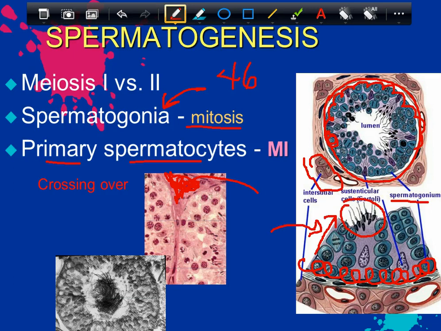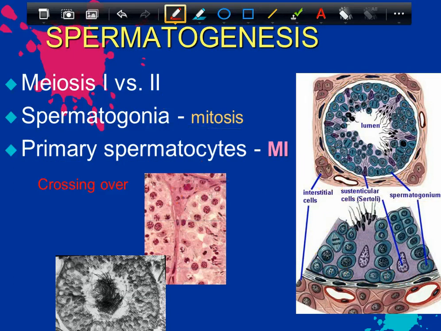Now, there's something else here. It's going to come up in a minute. There are some other cells here. They're called nurse cells, or sometimes called sustentacular cells. And they are taking care of the sperm. Sperm just can't do squat. They have no motility on their own yet, even though they do have some flagella. They can't feed themselves.